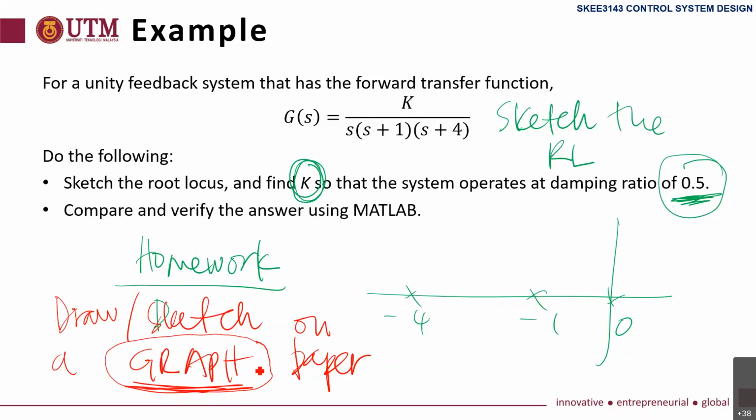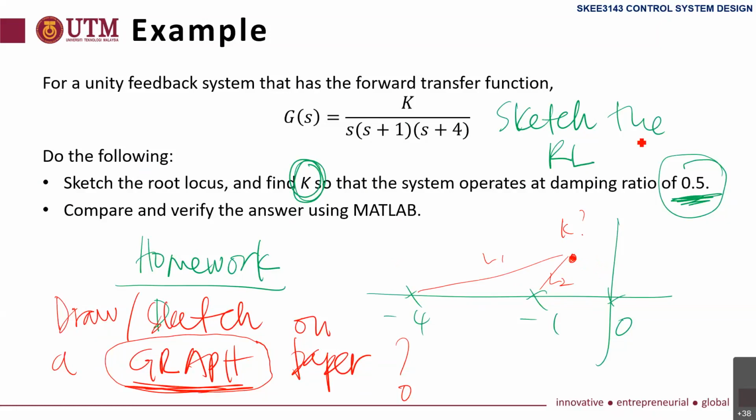Why graph paper? Because later we want to find a point here. If you just sketch on plain paper, we could not get the coordinates in order to get the lengths L1, L2, and so on. That's why I want you to draw on graph paper to get all the information.